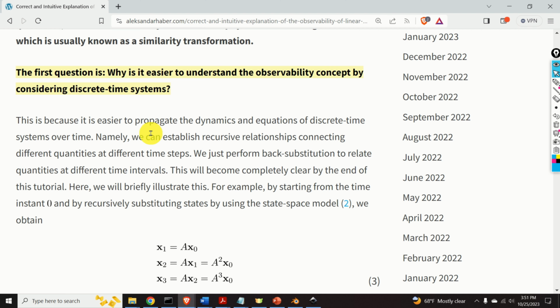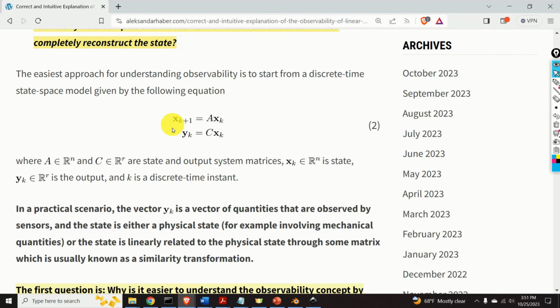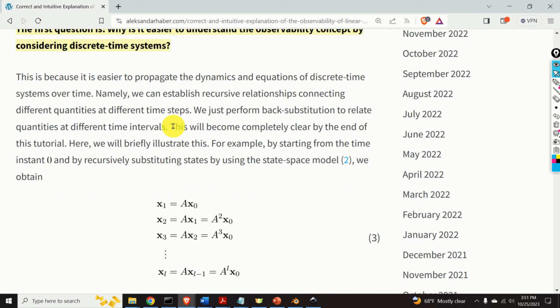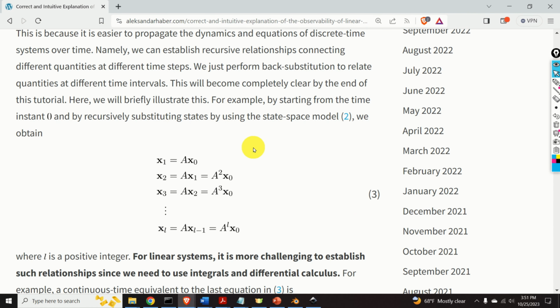For example, let us start from this state space model, and let's propagate the state equation. As the result, we obtain this chain of equations. What's happening over here? The state equation has this form. If I start from the time step k equal to 0, I will have x1 is A x0.